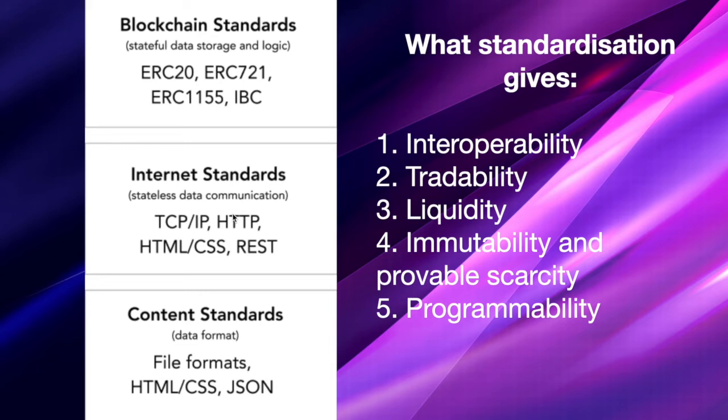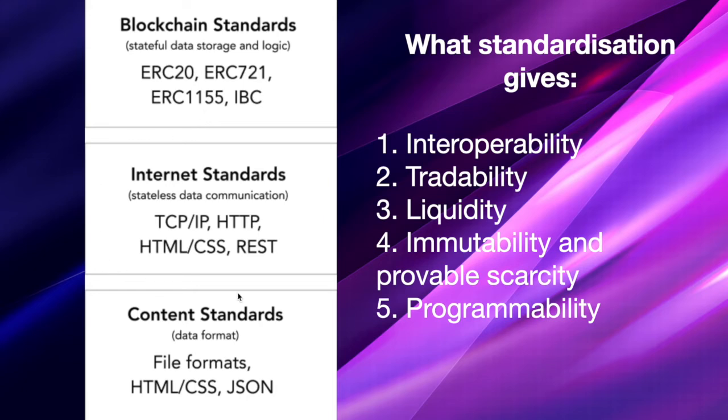So we also have standards for the tokens for blockchain. We all know that ERC20 is mostly used for the majority of tokens on Ethereum, but for non-fungible tokens, the standards ERC 721 and 1155 are used. We're gonna talk about that later.